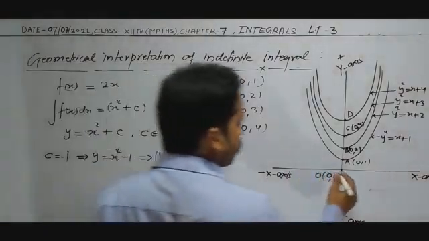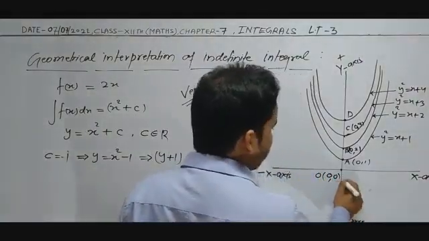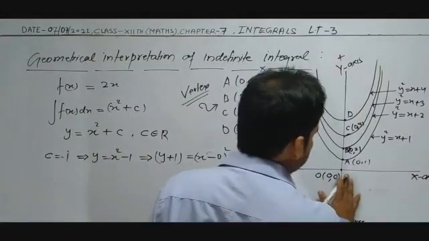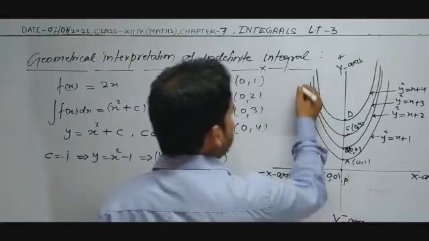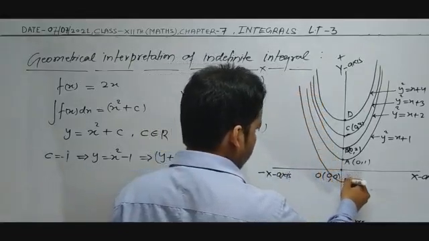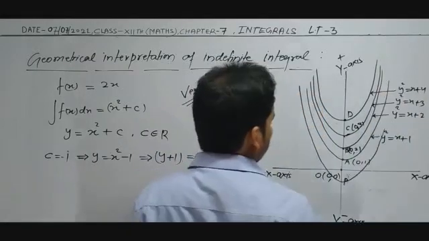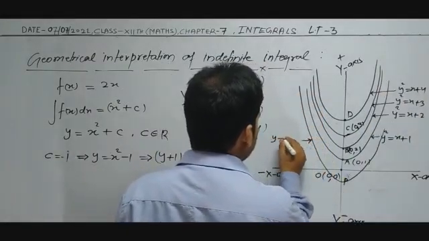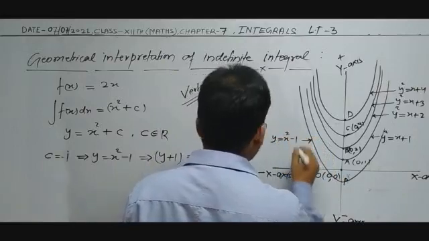This is the point here. Suppose P is the point and we draw the parabola through this point, and its equation is y is equal to x square minus 1.